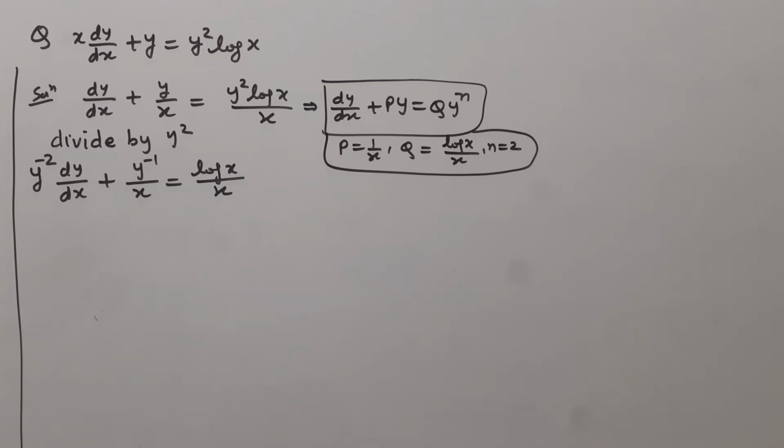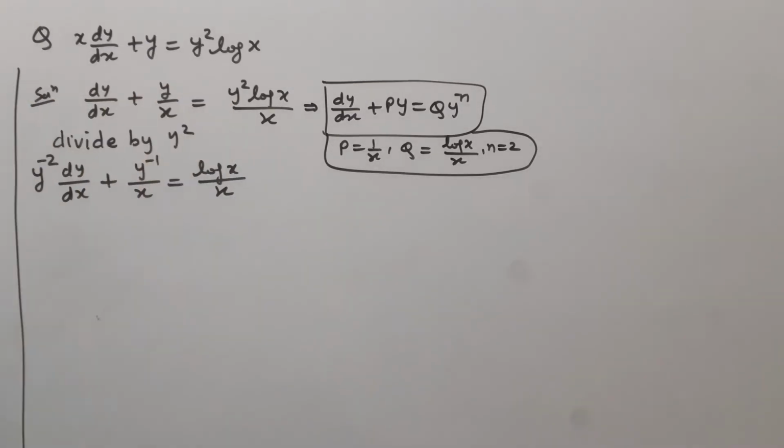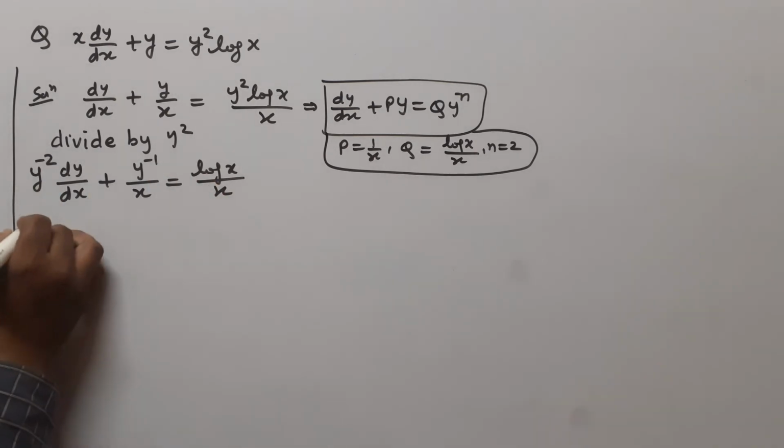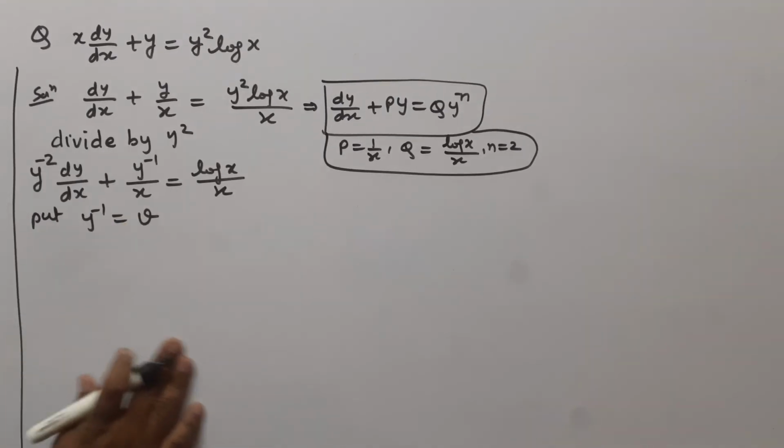So we can see here this is the extended linear equation or Bernoulli's equation. So for solving this, first we divide this equation by y square and we get this. Now we put here y to the power minus 1 is equal to v.